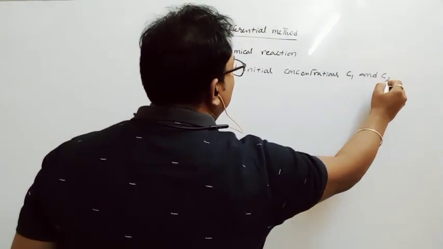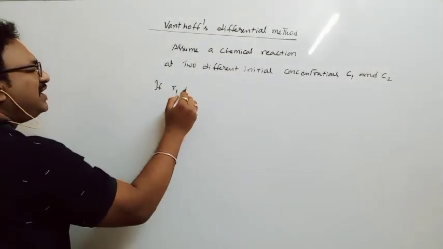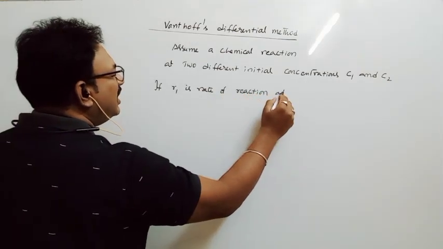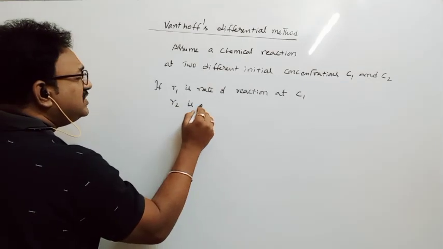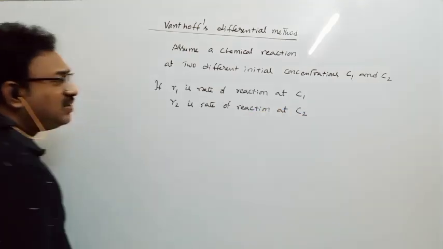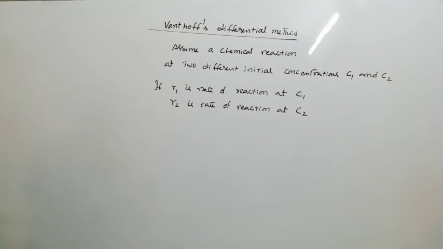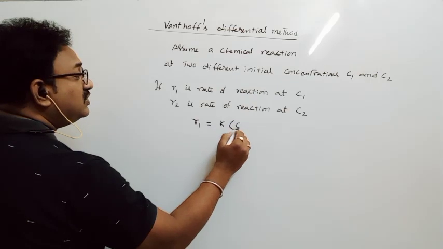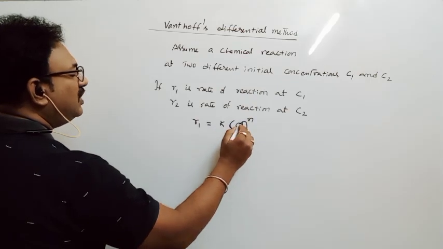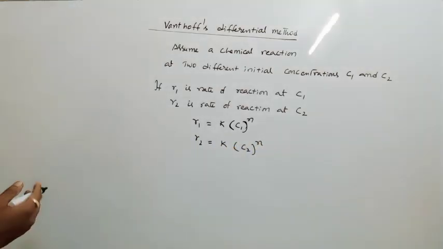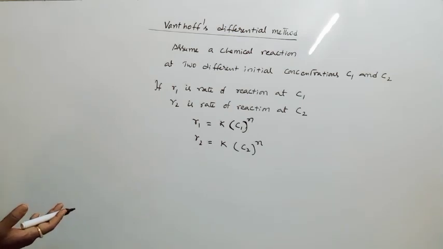Let the two concentrations be C1 and C2. If R1 is the rate of reaction at concentration C1, and R2 is the rate of reaction at concentration C2, then as per the rate law, R1 is equal to K into C1 power n, and R2 is equal to K into C2 power n.